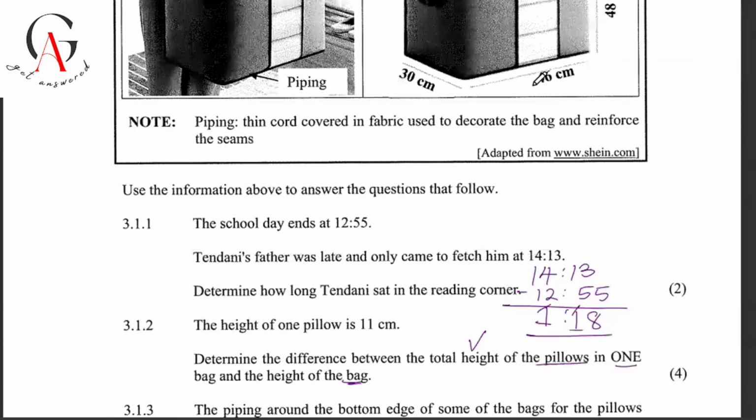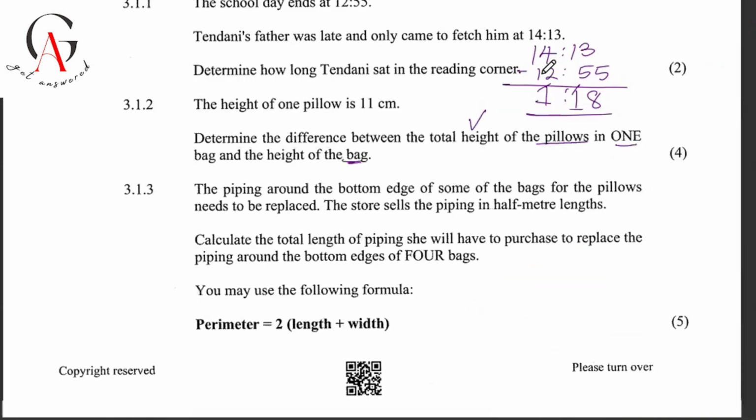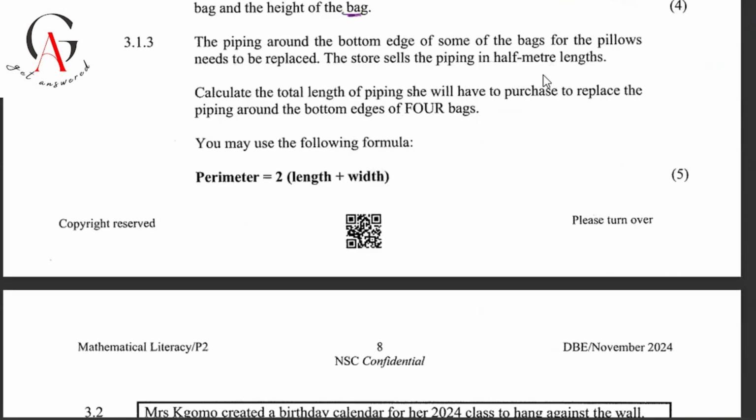So we shall come here and ask how many pillows are there. So we have 1, 2, 3, 4. So the difference we need to subtract. It will become 48 minus 4 times 11, which becomes 4 centimeters.